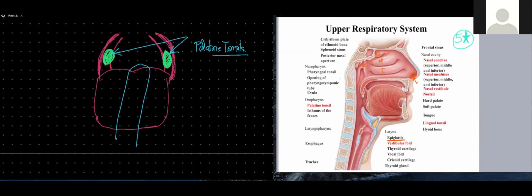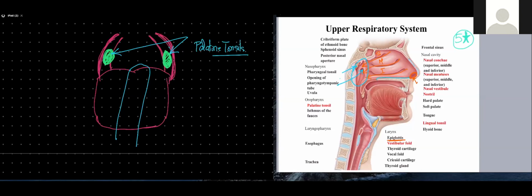In between them, we've got the nasal meatus, superior, middle, and inferior. Located posterior to the nasal cavity, we've got the nasopharynx. This is where I can see a tonsil. This is my pharyngeal tonsil and the opening of the eustachian tube or the pharyngotympanic tube, which is responsible to equalize the pressure on both sides of the tympanic membrane.